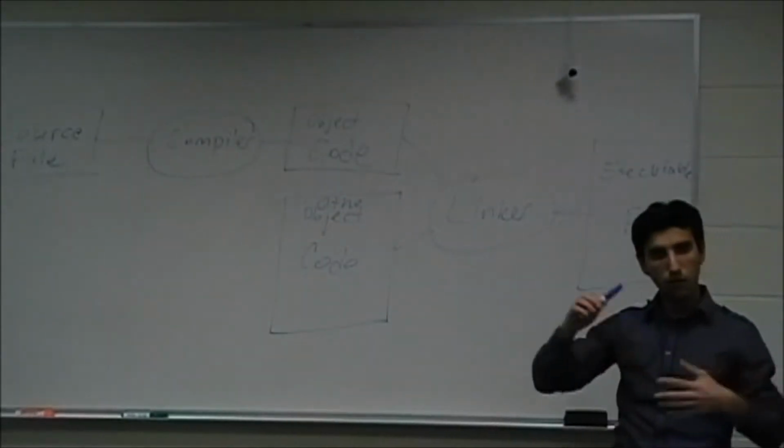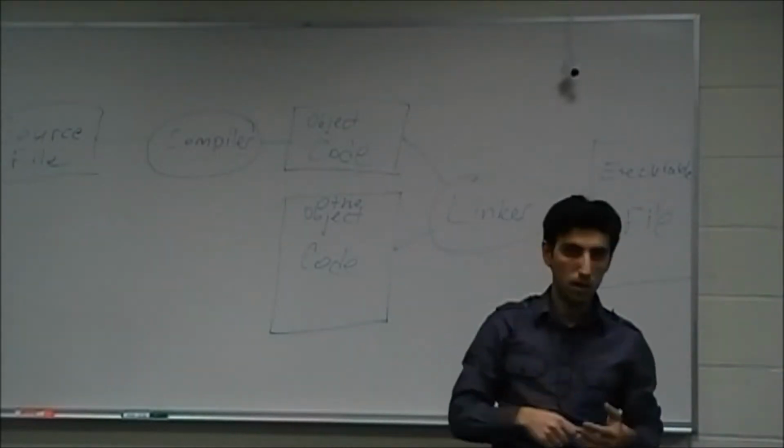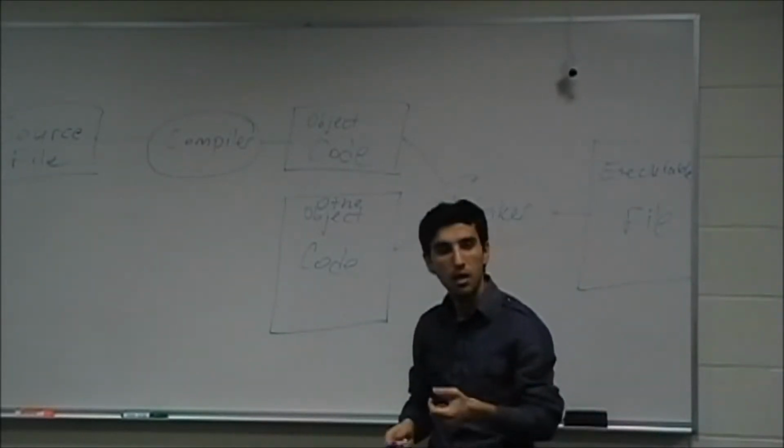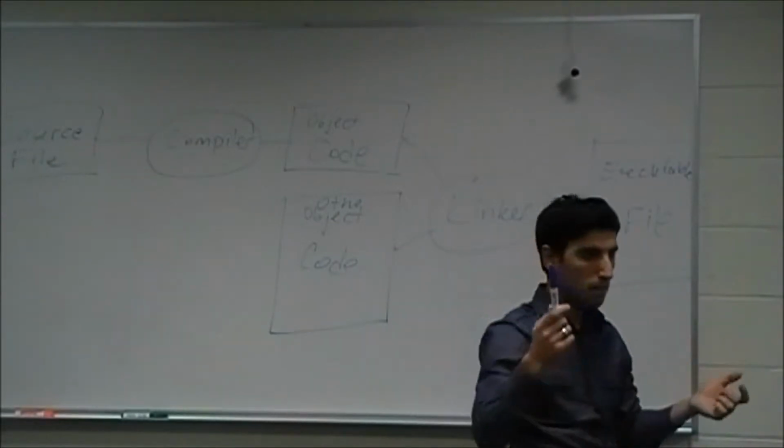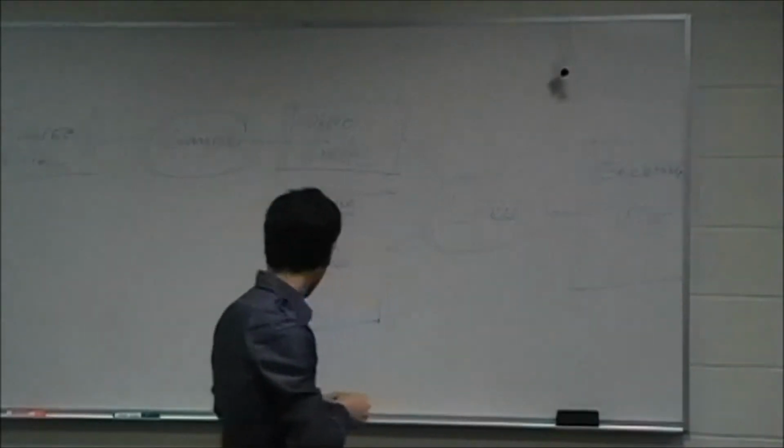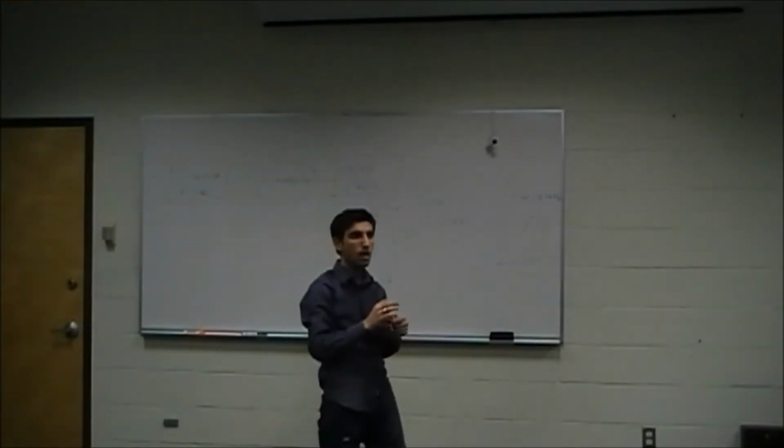So we know that there are different operating systems available. There's Linux, there's Windows, there's Mac OS. And all these machines talk different zeros and ones.